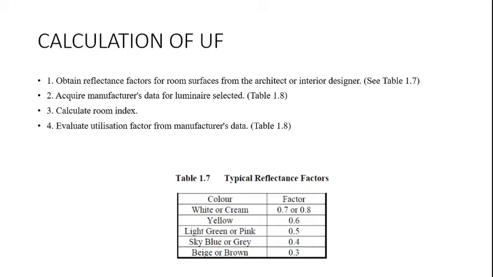So you have to approach an architect or an interior designer in order to get the reflectance factor value. Typical reflectance factor values are given in table 1.7. That is, color white or cream, we have 0.7 or 0.8, yellow 0.6, light green or pink 0.5, lesser; then sky blue or gray 0.4, even lesser; then brown has an even smaller reflectance factor value.